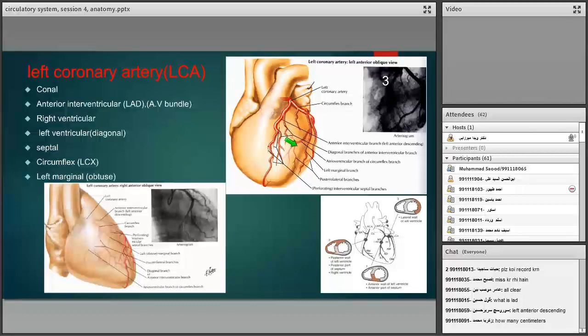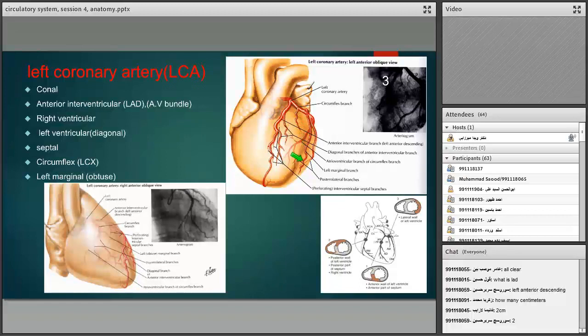LAD is supplying the left ventricle and the right ventricle. The left main part is near 2 centimeters, okay? And has some diagonal branches. The circumflex branch also supplies blood to the left ventricle and left atrium, and has a branch with the name of left marginal or obtuse branch.